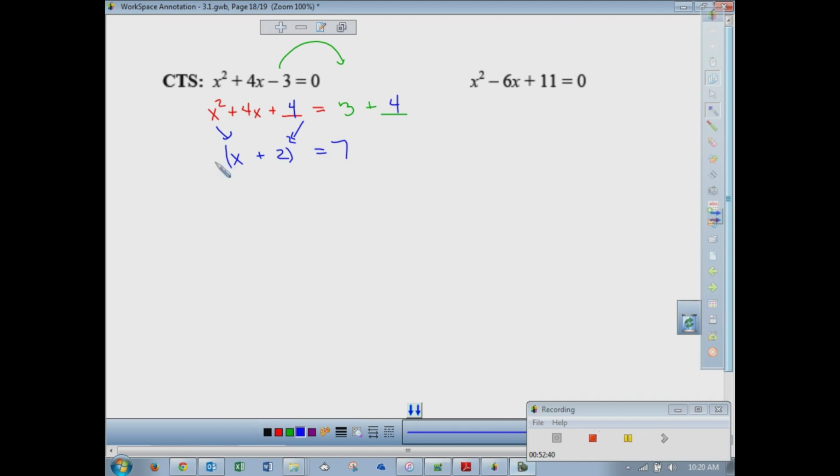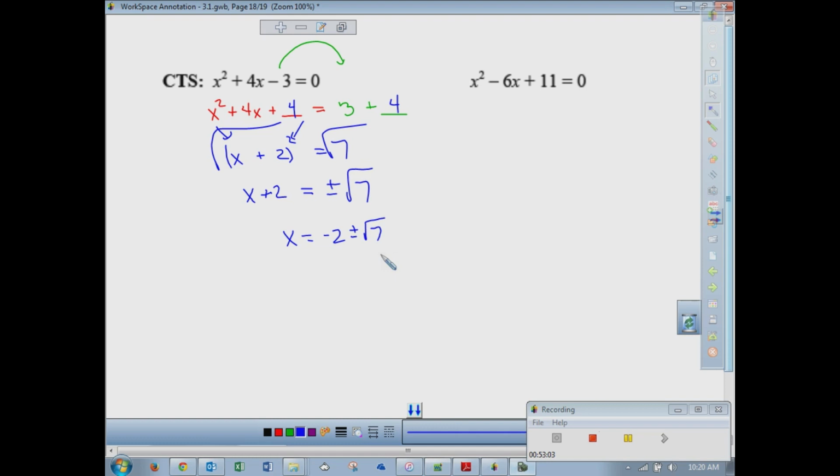Square root both sides. This becomes x plus 2, and this is plus or minus square root of 7. So far, so good? To get x all by itself, subtract 2 from both sides. And there's our answer. X equals negative 2 plus or minus the square root of 7.